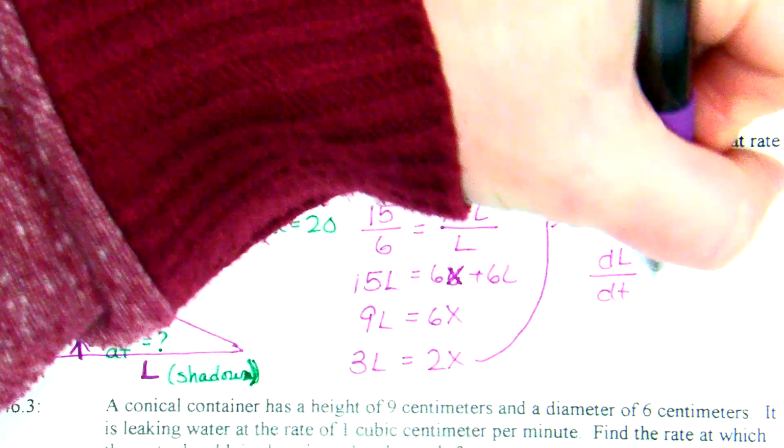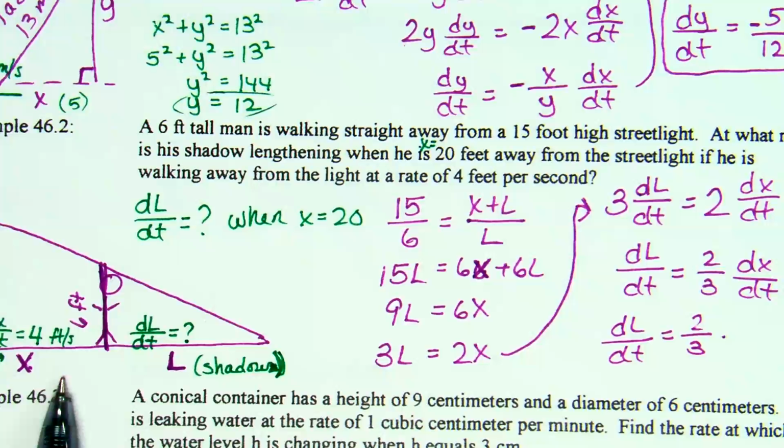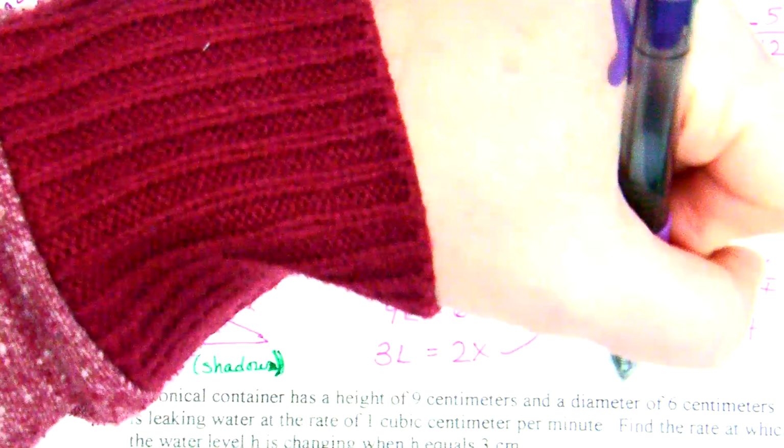Then dL/dt is 2 divided by 3 times dx/dt. As it turns out, we're not even going to use x in this one. dL/dt is 2/3 times, what was dx/dt? That was the 4 over here. So 2/3 times 4 becomes 8/3, and that is feet per second.